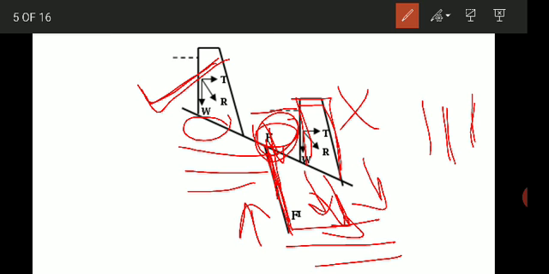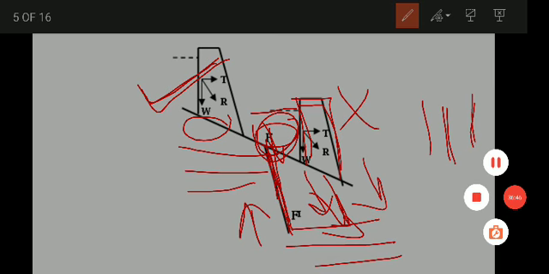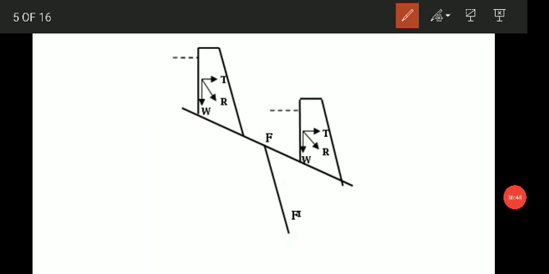So these are the different cases which we have studied in case of dam construction. In the exam you may get a question on individual cases, or they may ask all the cases for more marks.